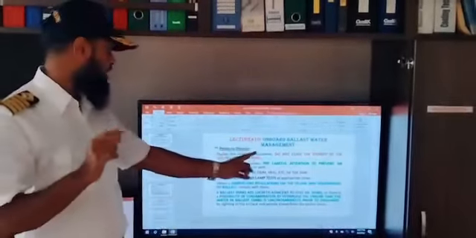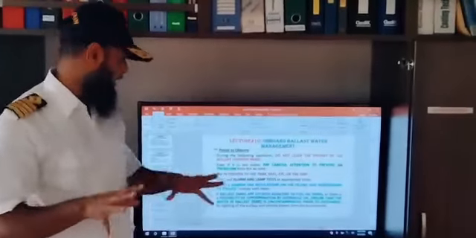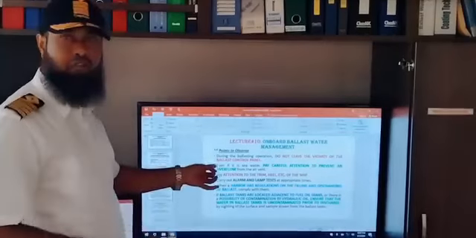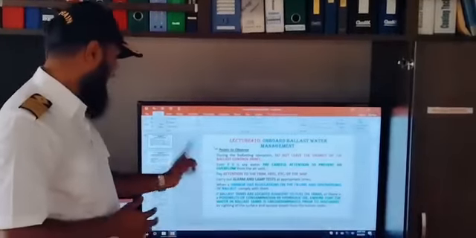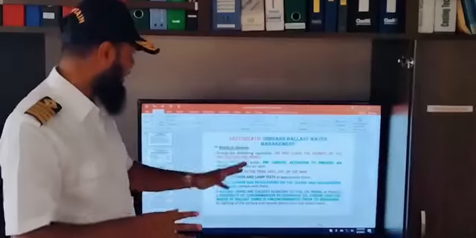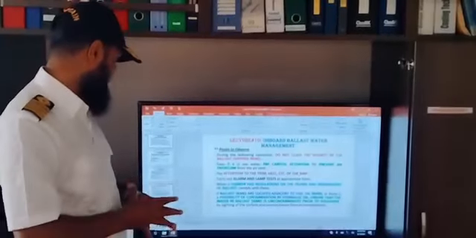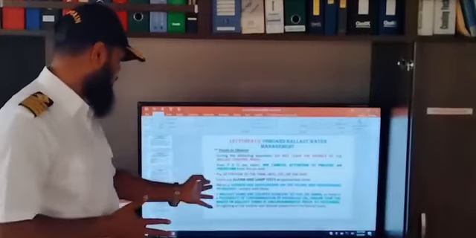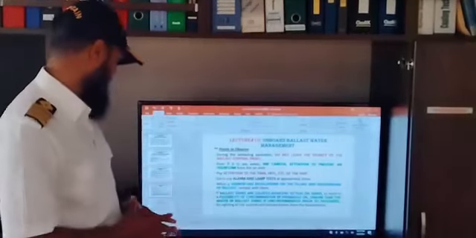Points to observe. Please do not leave the vicinity of the ballast control panel. Pay careful attention to prevent overflow from the air vent. Pay attention to the trim, heel, and draft of the vessel. Harbors have regulations for the filling and discharging of ballast, so please comply with them.